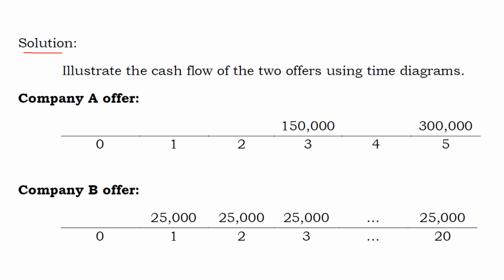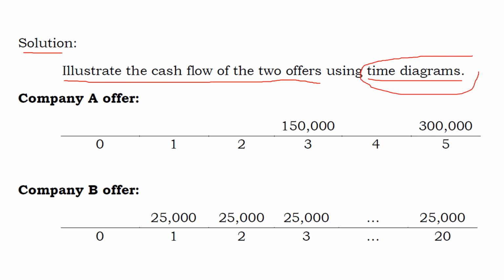So for the solution, we're going to use time diagrams to illustrate the cash flows of the two offers. As you can see for the Company A offer here, there's a time diagram. The 0, 1, 2, 3, 4, 5 will represent the number of years.